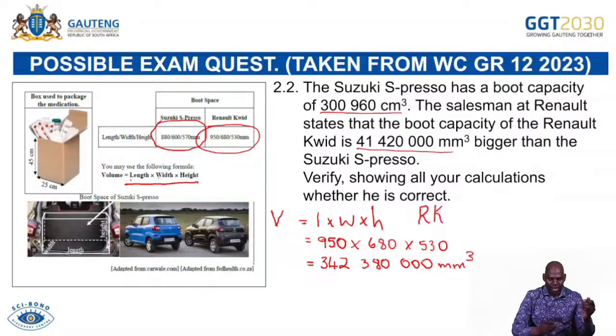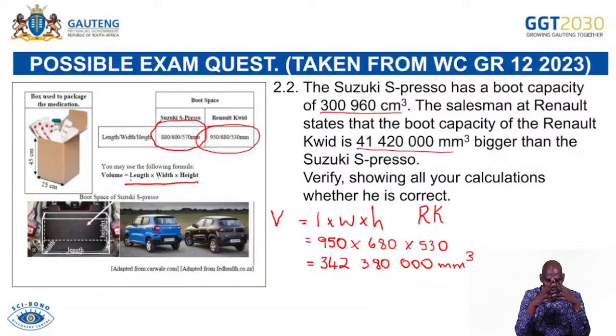Now from the information that is given, the salesman at Renault states that the boot capacity of the Renault Kwid is 41,420,000 cubic millimeters bigger, so it's bigger than the other one by 41,420,000 cubic millimeters.